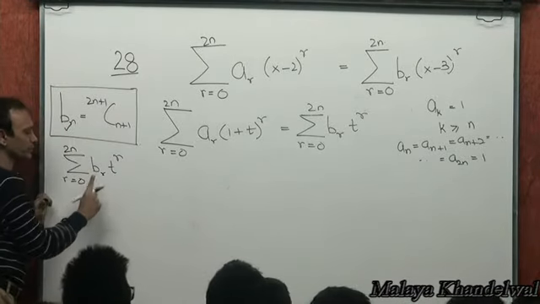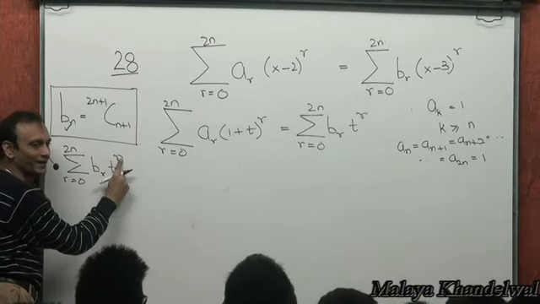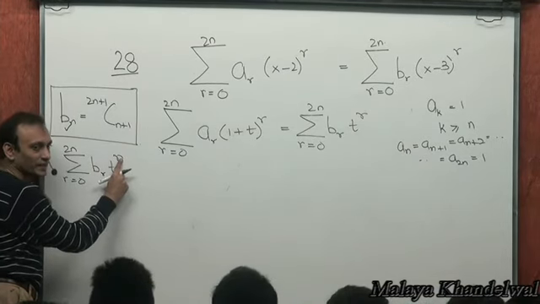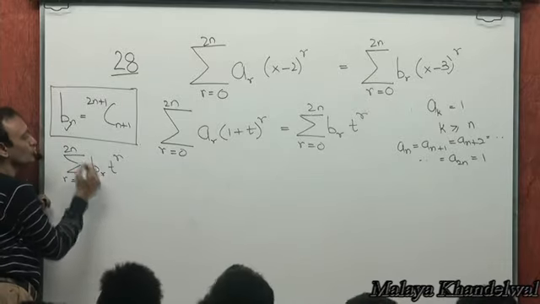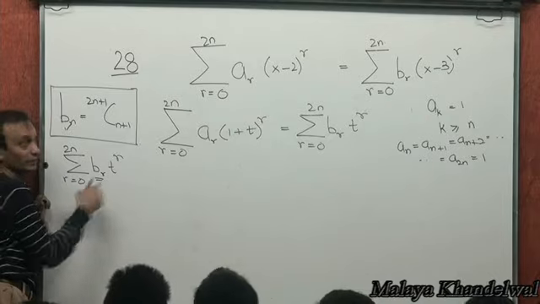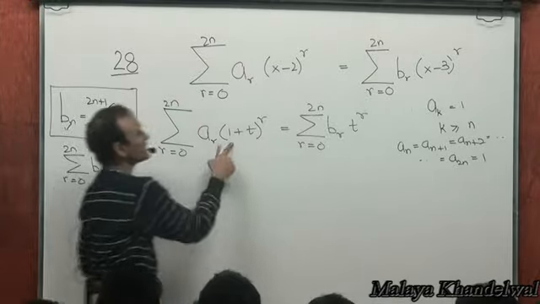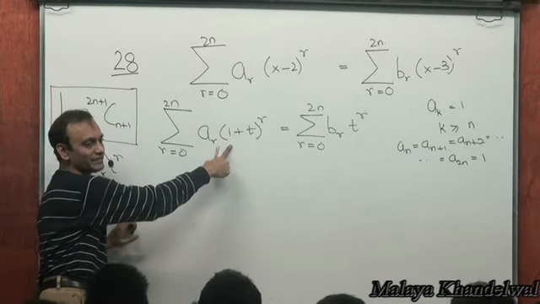What would b_n be? b_n would be the coefficient of t to the power n on the left hand side. And that must be the same as the coefficient of t to the power n on this side.